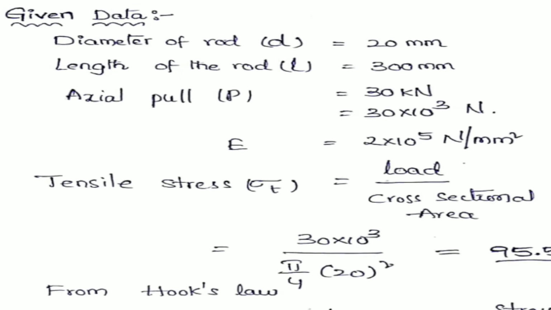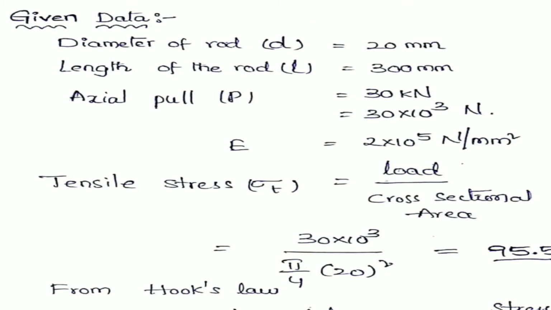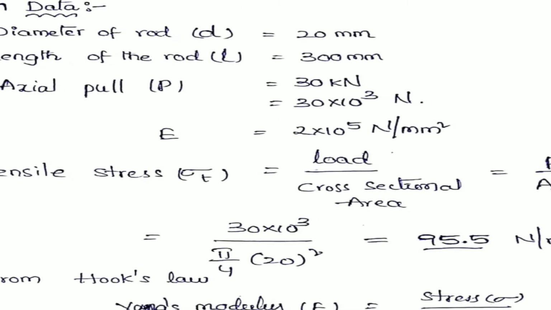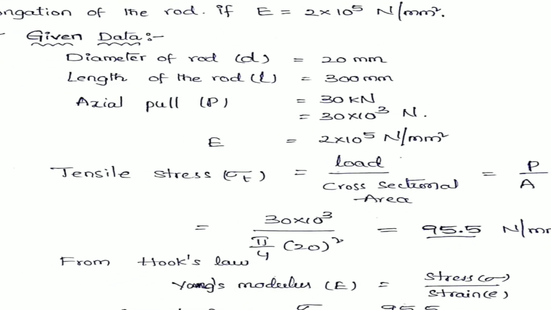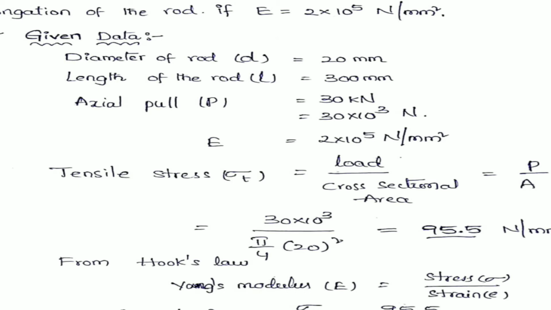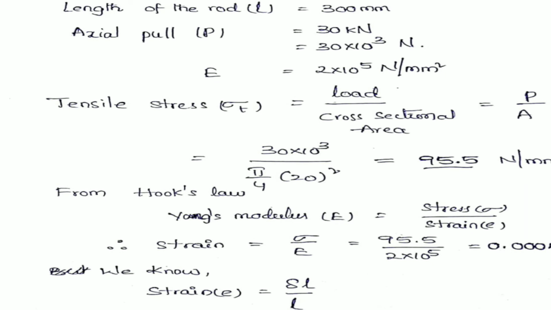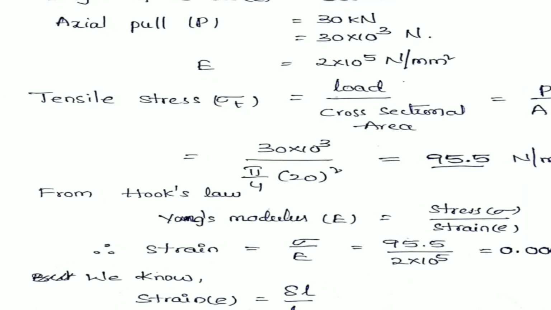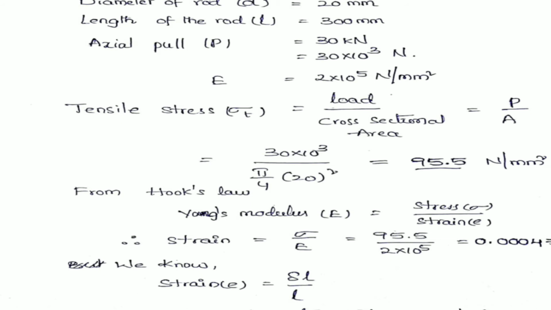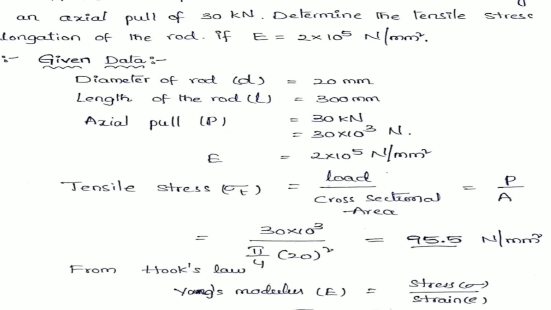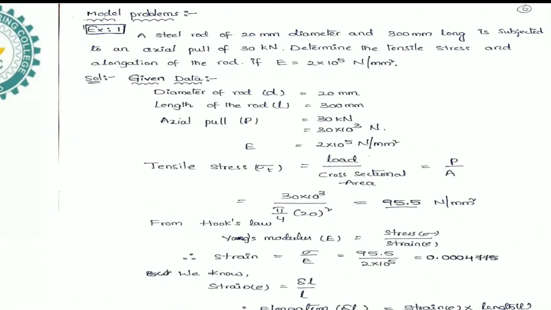Tensile stress formula: sigma T is equal to load by cross sectional area. Here the load is the axial load, 30 kilonewtons, and the cross sectional area formula is pi by 4 into diameter square, that means pi by 4 into 20 square, where 20 is the diameter in mm.